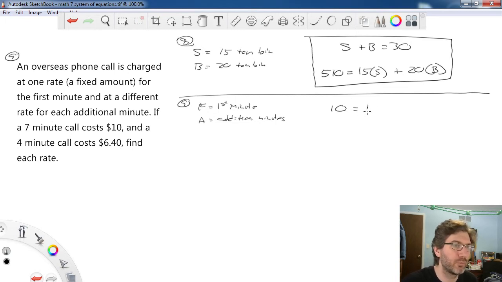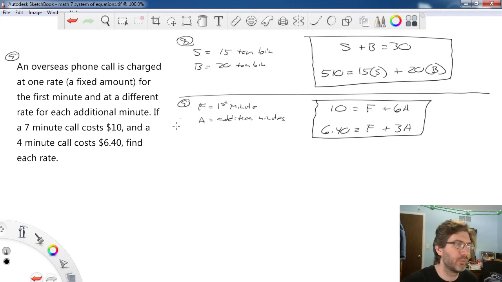That means your first minute, however much that cost, plus 6 more additional minutes. So there's your first equation right there. Then your second equation comes out the same way: 640 equals your first minute plus 3 additional minutes. This is a 4-minute call. So these are your two equations for that.